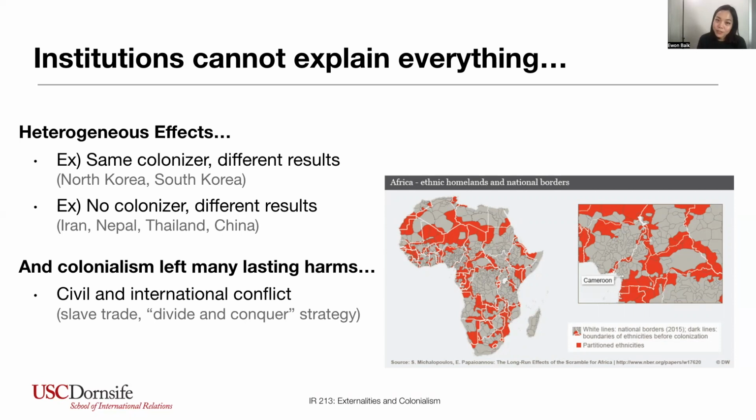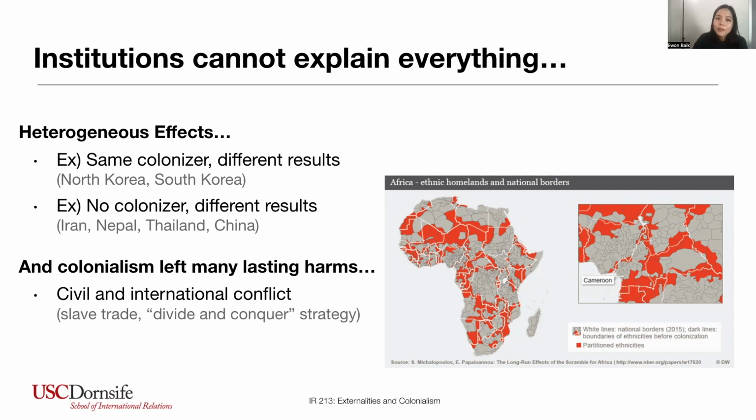Or there are some countries, the few countries that never experienced colonialism at all: China, Iran, Nepal, Thailand. Granted, they were under European spheres of influence. But anyway, they also experienced different levels of development. So the effects are heterogeneous.